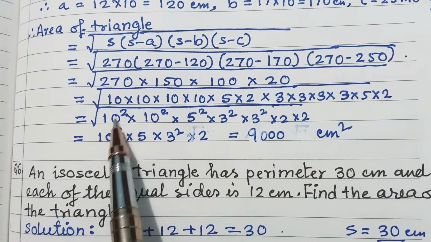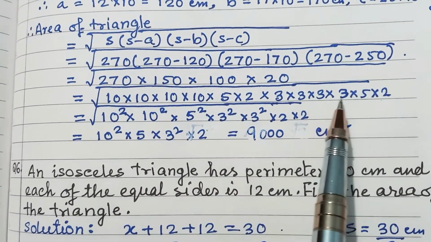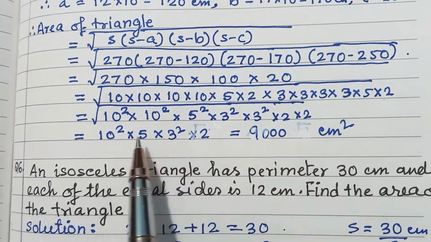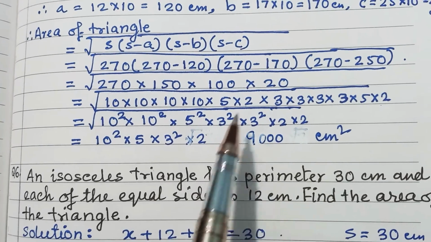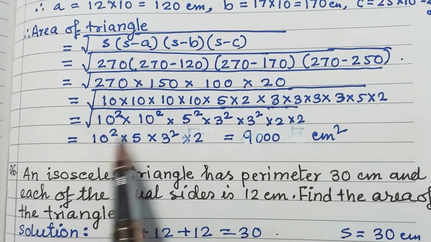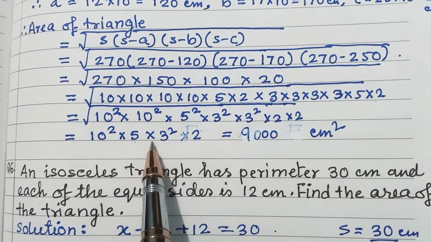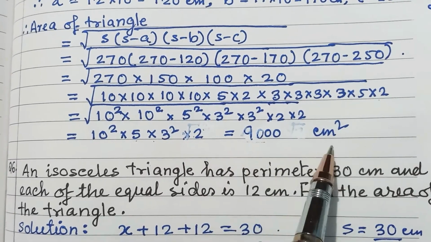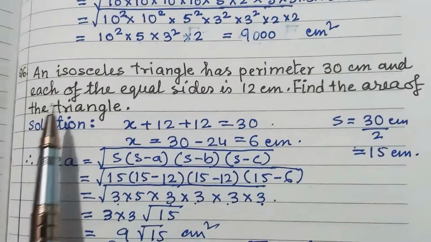Now it is 10 square, 5 square, 3 square, 3 square and 2 square. Taking pairs, from here 1 5, from here 1 time 3 square, and from 2, 1 time. It is 900 centimeter square.